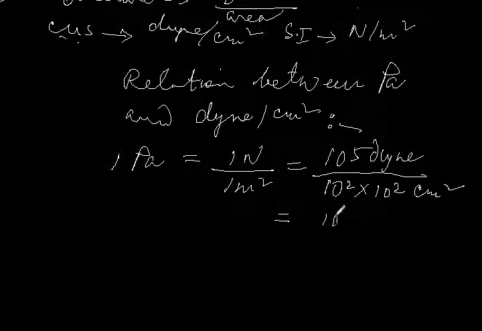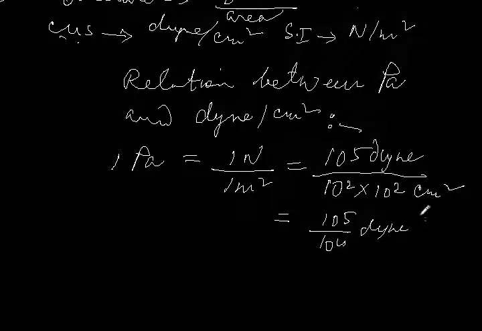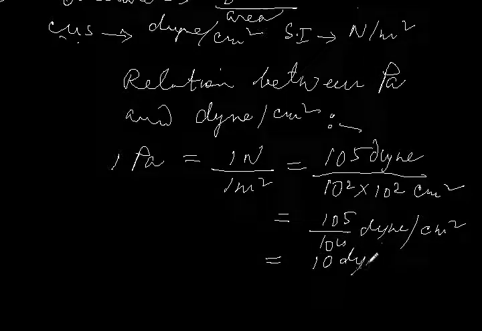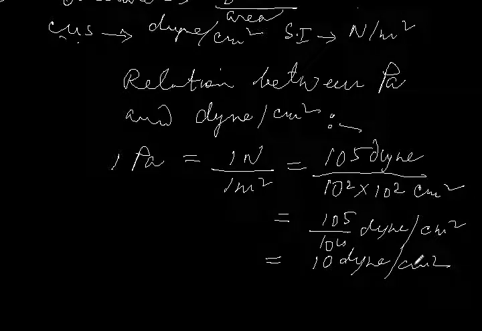So 10 to the power 5 by 10 to the power 4 dyne per centimeter square, that is equal to 10 dyne per centimeter square. So the relation is very clear and very simple. 1 Pascal equals 10 dyne per centimeter square.